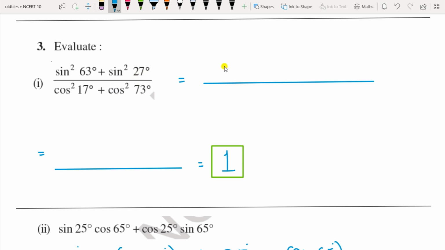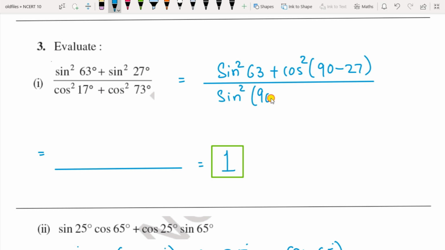So this is sin square 63 plus cos square of 90 minus 27 here, and at the denominator also sin square of 90 minus 17 plus cos square 73.